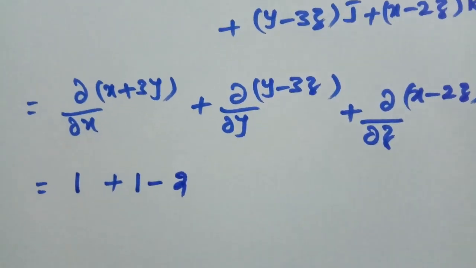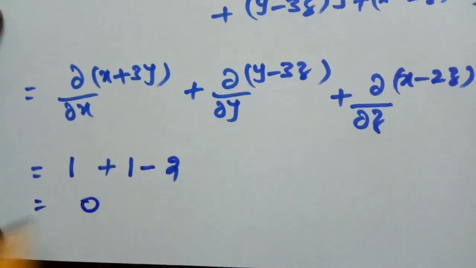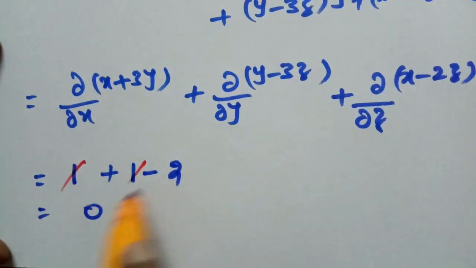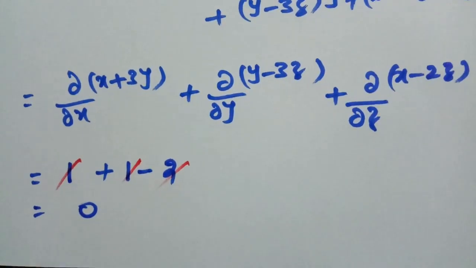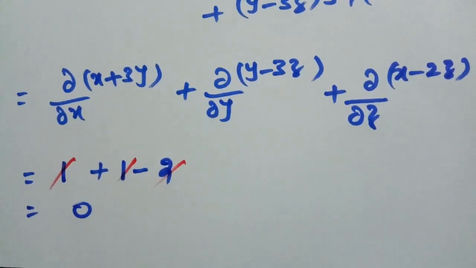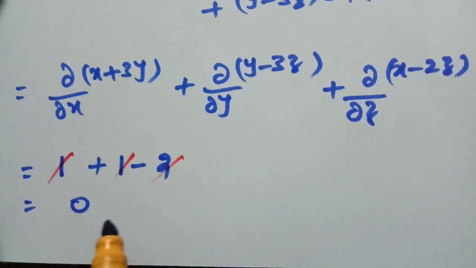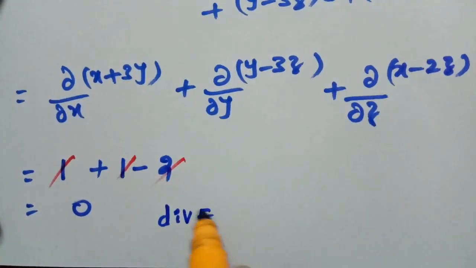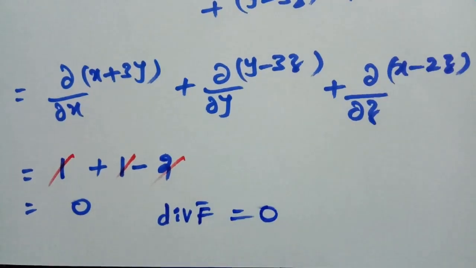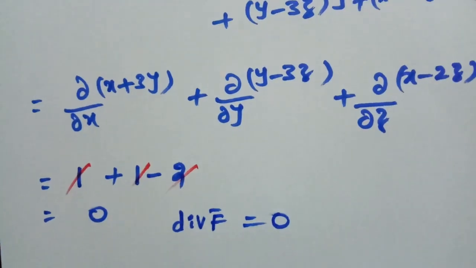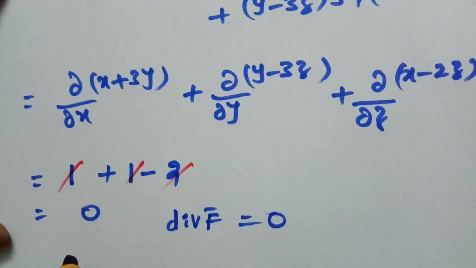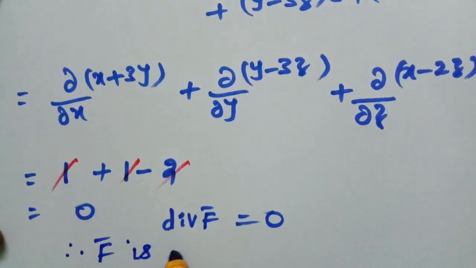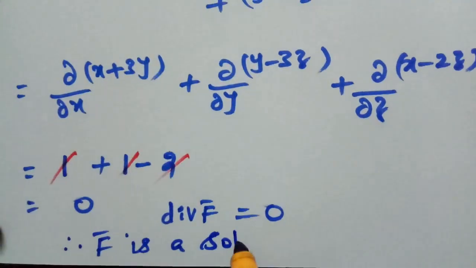Therefore, this is equal to 0, 2 minus 2 is equal to 0. Therefore, finally, we obtain div f bar is equal to 0. Therefore, f bar is a solenoidal vector.